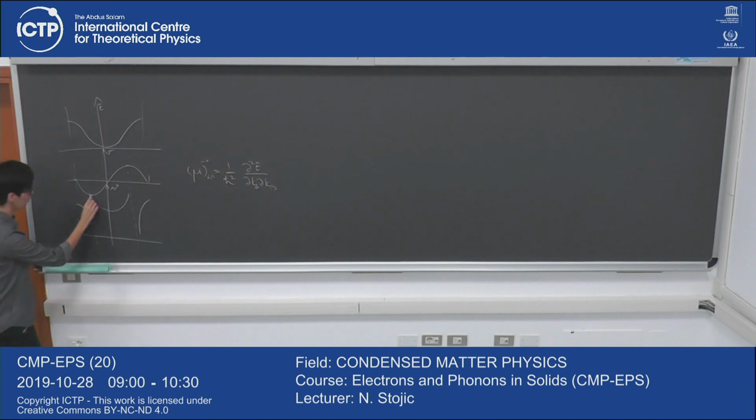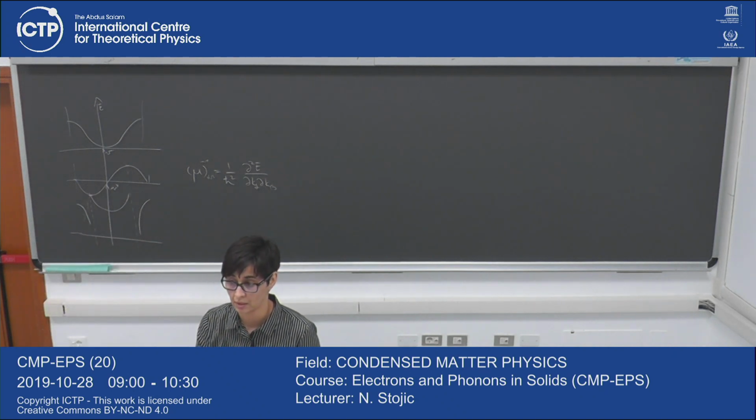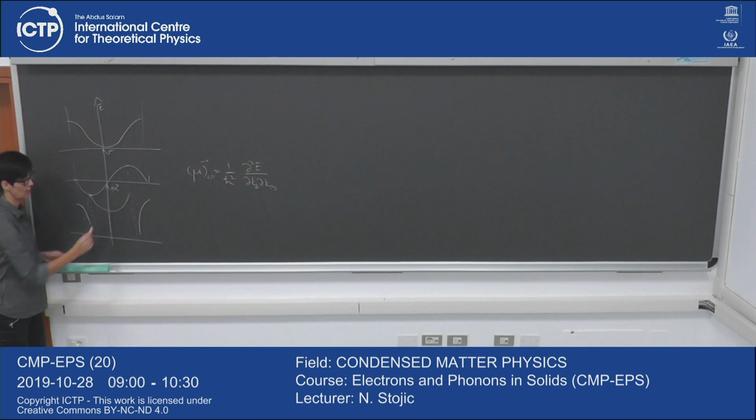Can you see? Because now I put together two things. This is velocity, this is effective mass. And we are getting here something strange for the mass. Infinite. What's the meaning of that? This is the effective mass. It's a derivative of this one and then inverse.